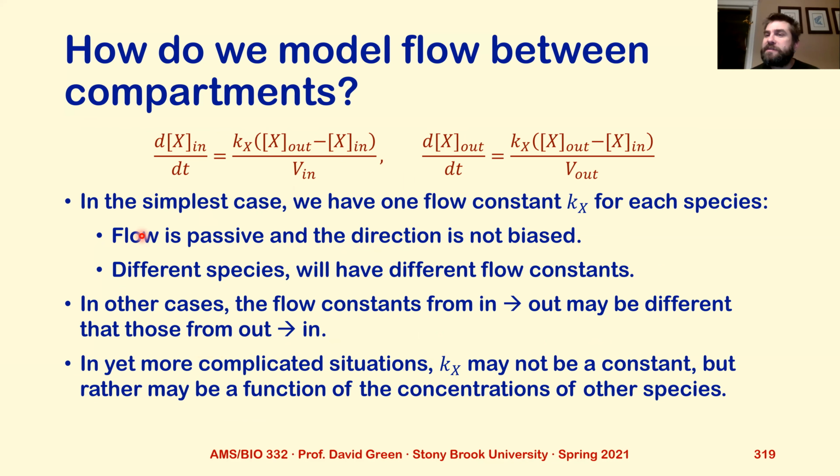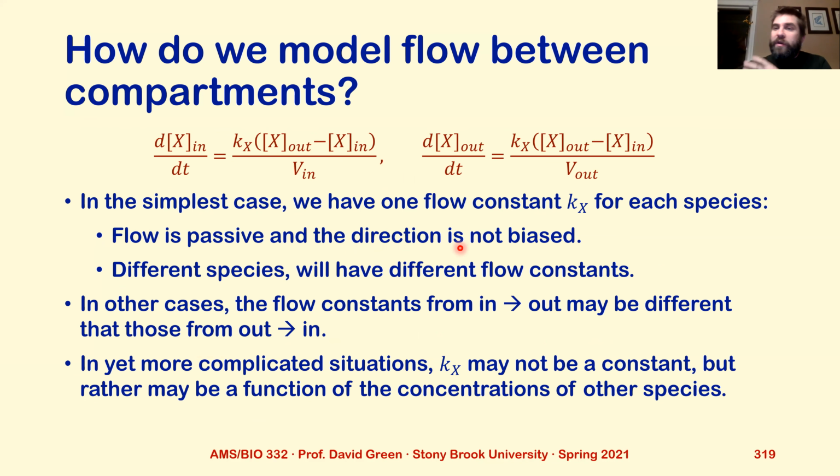In the simplest sort of transport case, we might have a single flow constant for each species. Right? What this means is that flow is passive. It just goes from regions of high concentrations to regions of lower concentrations. The direction is not biased.